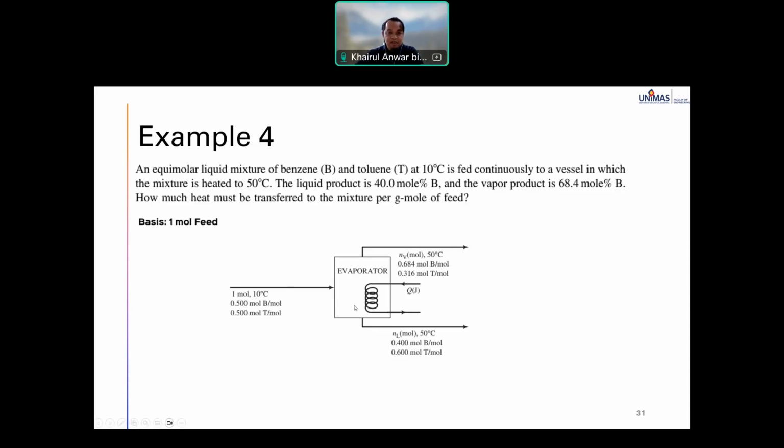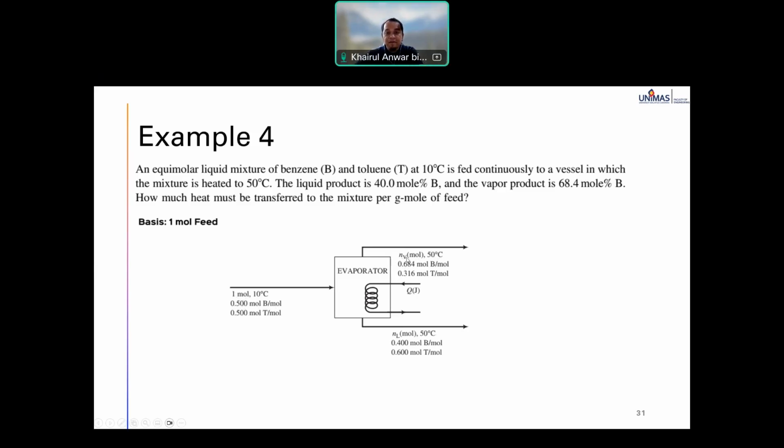So the basis in this case is 1 mole, and it's equimolar, meaning 50-50, so 0.5 mole benzene per mole of feed. Then we have vapor going up, liquid going down.